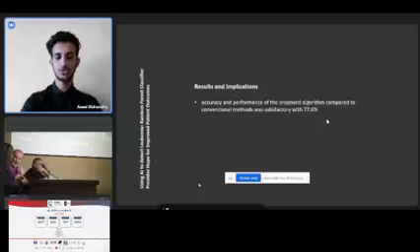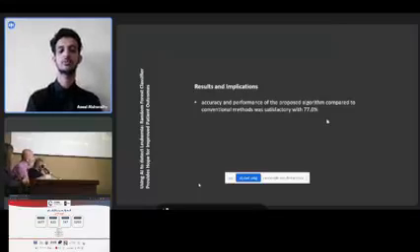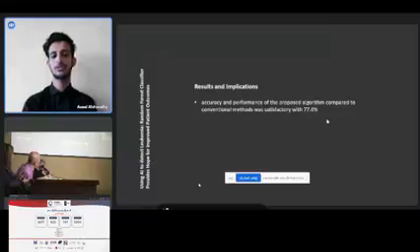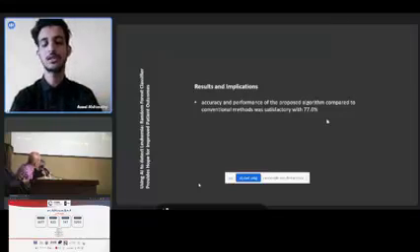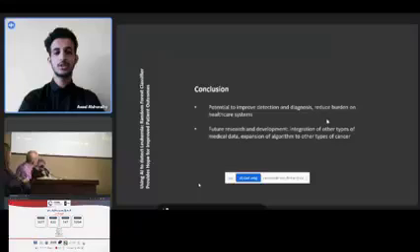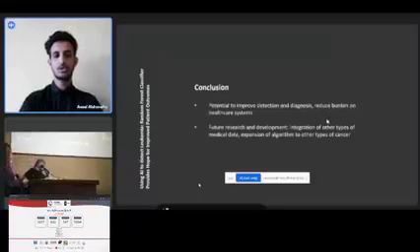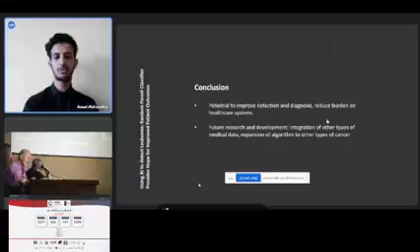In the future, we are planning to expand our algorithm to diagnose specific subtypes of leukemia and integrate it into clinical practice. As a conclusion, there is potential to improve detection and diagnosis and reduce the burden on healthcare systems. In future research and development, integration of other types of medical data and expansion of the algorithm to other types of cancer would be included in our research.